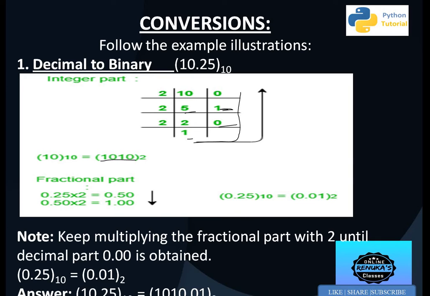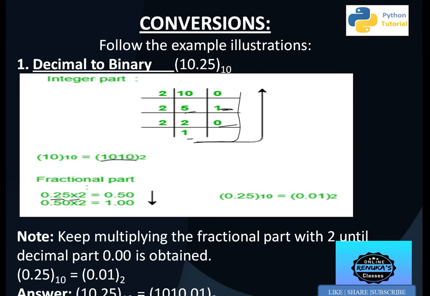After that we start with the fractional part, that is 0.25. The procedure is different compared to the integer part. We multiply 0.25 by 2 and we get 0.50.